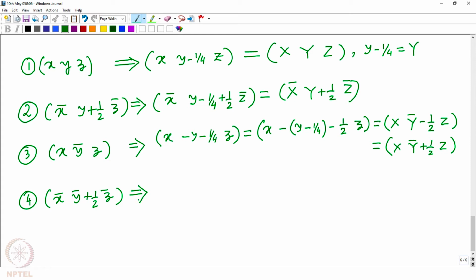Let us see what happens to the point number 4. X bar as it is, minus y minus 1/4 plus half, and z bar.